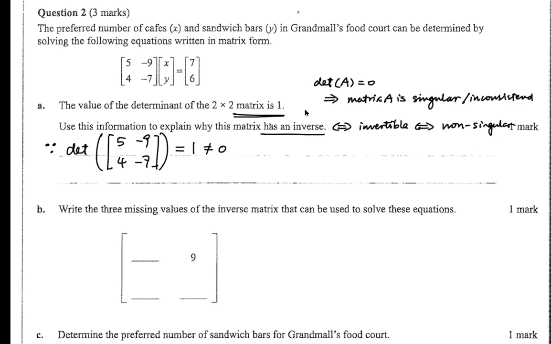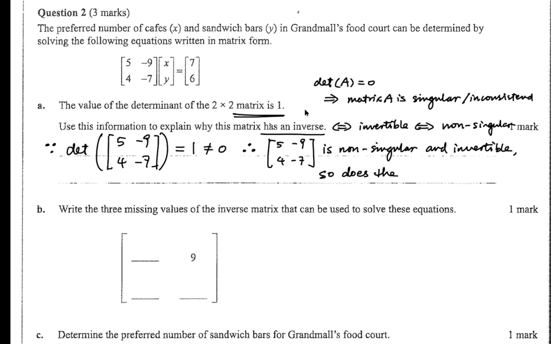This is our reason. Therefore, the square matrix is non-singular and invertible. So the inverse matrix does exist.